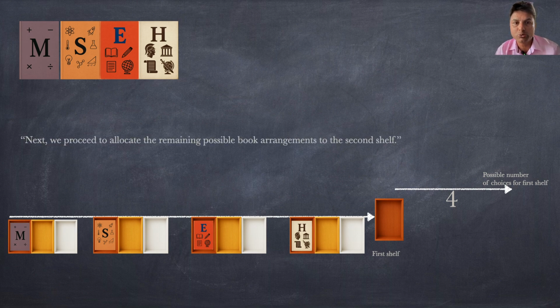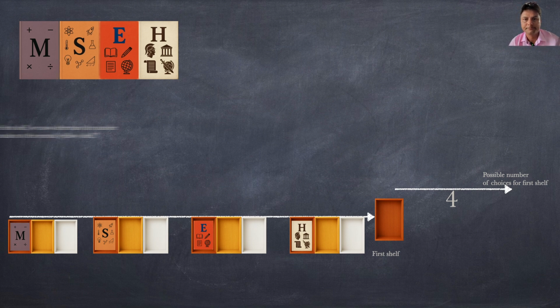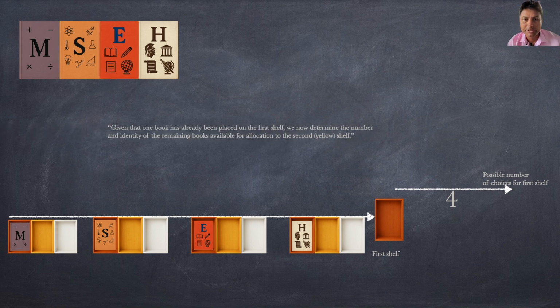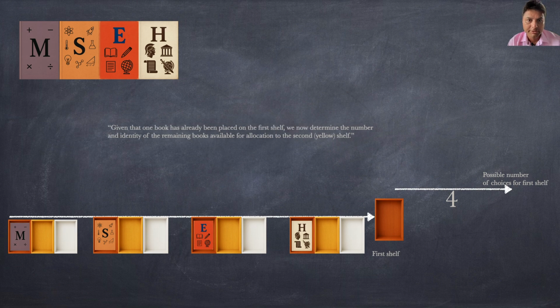Next, we proceed to allocate the remaining books to the second shelf. Given that one book has already been placed, there are only 3 books left to fill. One book has already been placed on the first shelf. We now determine the number and identity of the remaining books available for the second shelf.